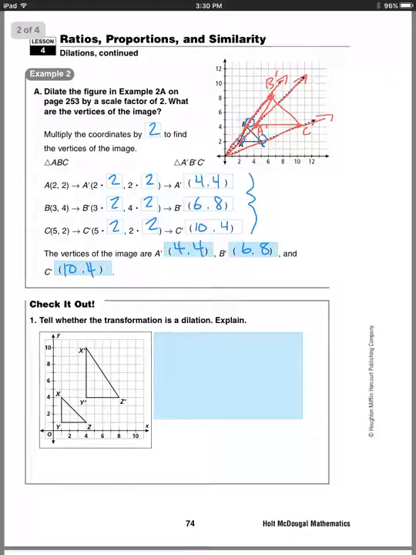So we are going to look and tell whether the transformation is a dilation. We're going to do the check it out together because there weren't very many problems on this. So we're going to look at two sides, okay, or all three, but we've learned the Pythagorean theorem, so we could do all three. But YZ, these are just going by one, is 3, and XY is 3.